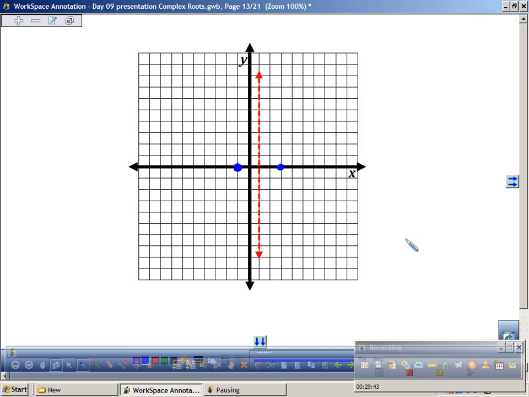What this means is that my roots are, if I start at 1, my axis of symmetry, I'm going to go plus and minus in both directions too. So I know, x comma y, I know that my x is 1, therefore my y is going to be 2 squared, which is 4. I know it's going to be negative 4 because my graph is going to look like 1, 2, 3, 4. The graph is going to look like this.